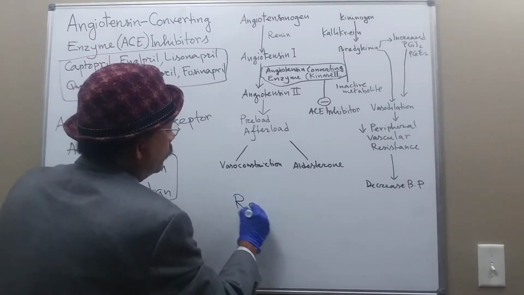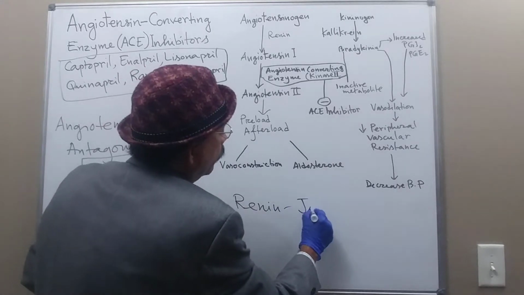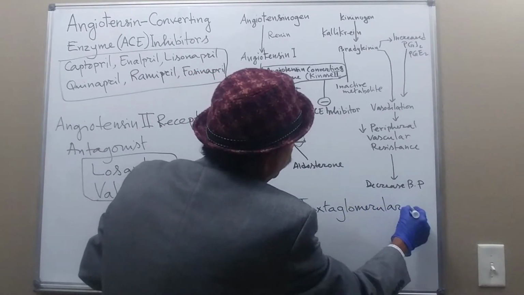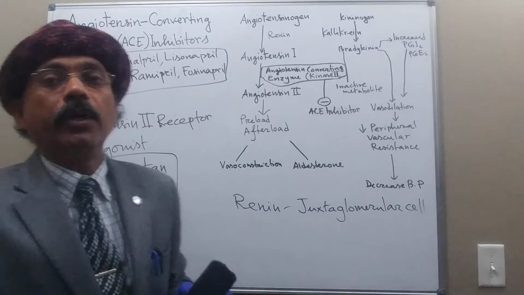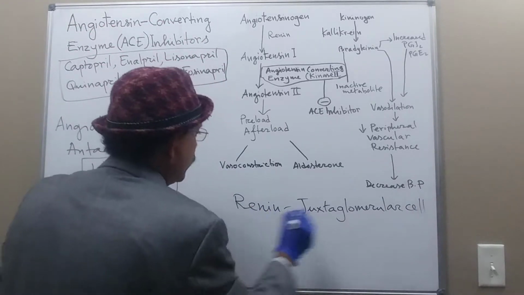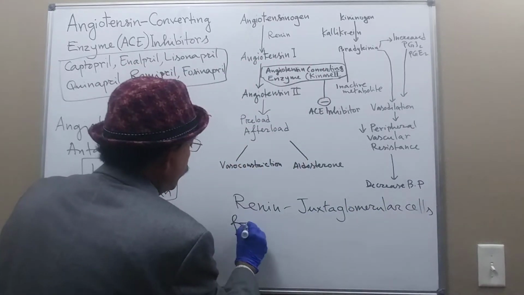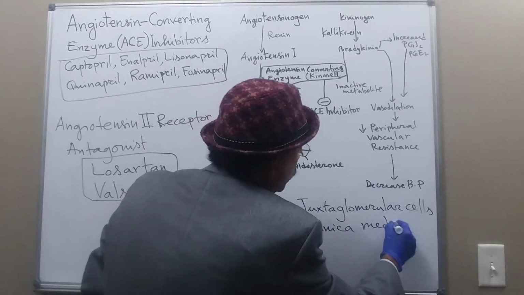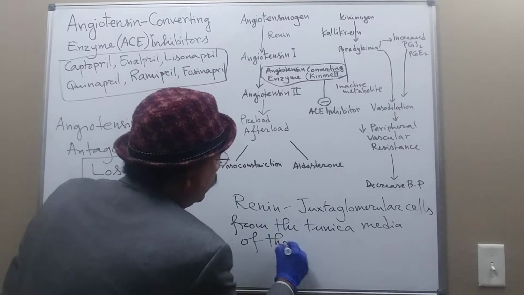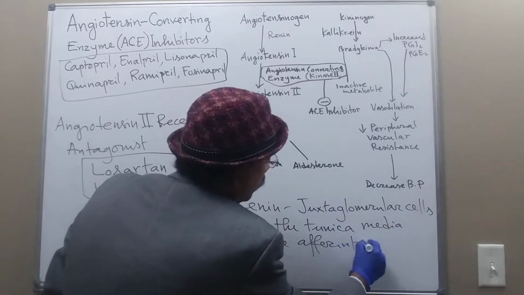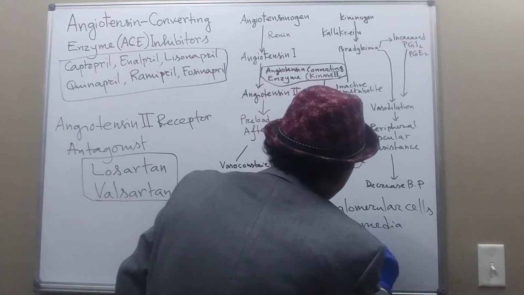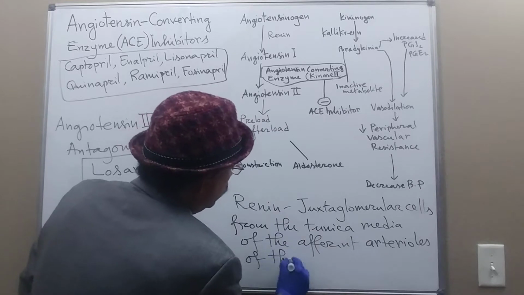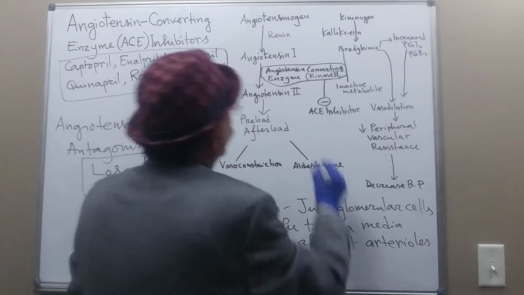Renin comes from the juxtaglomerular cells of the kidney, in the tunica media of the afferent arterioles of the kidney. Okay, we got the renin.